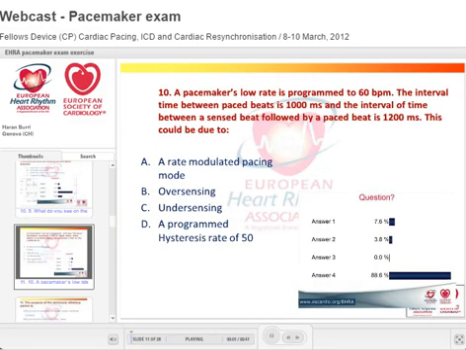So the next question. A pacemaker's low rate is programmed to 60. The interval time between pace beats is 1,000 milliseconds, and the interval time between a sense beat followed by a paced beat is 1,200 milliseconds. This could be due to, go ahead and vote. I hope to see 100% on this one.